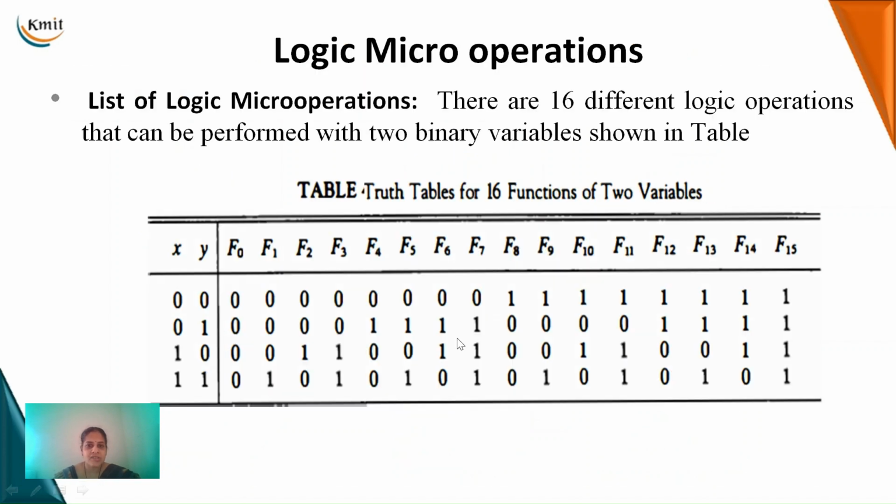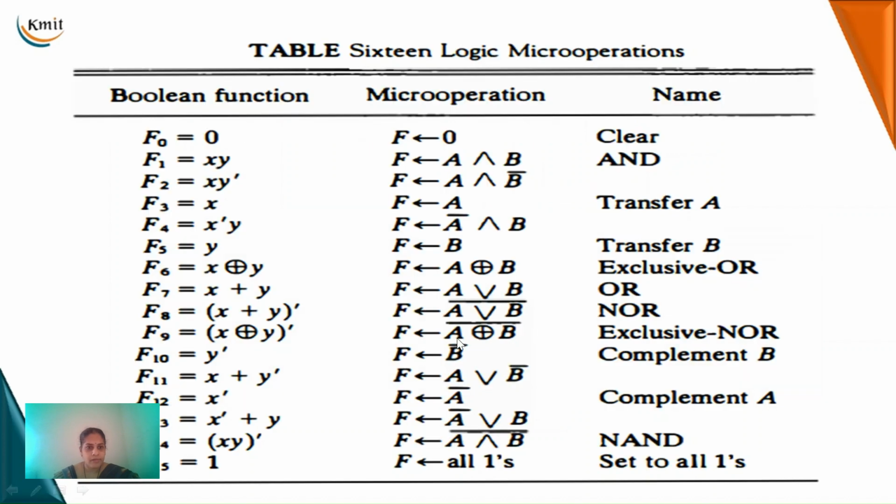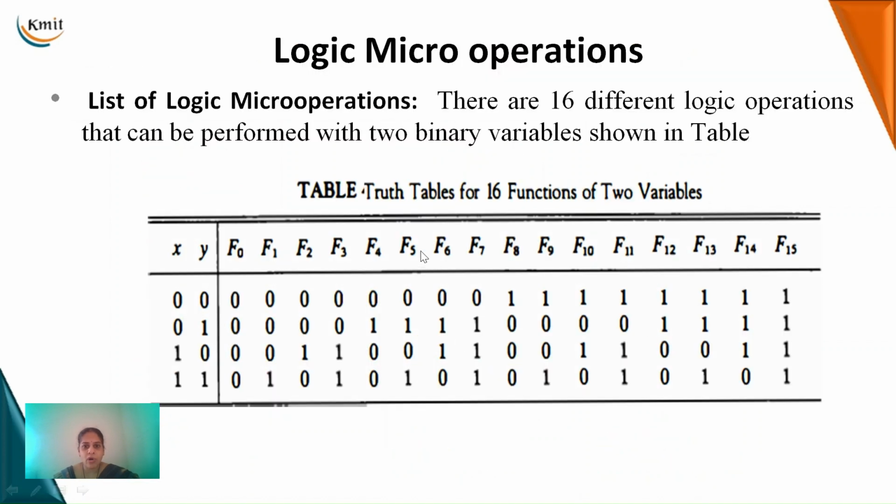For F7 we have already performed A or B. So we are going to perform a complement operation for this result to get F8. So 0 becomes 1, 1 becomes 0, 1 becomes 0 and 1 becomes 0. So we are performing A or B whole complement, F8.